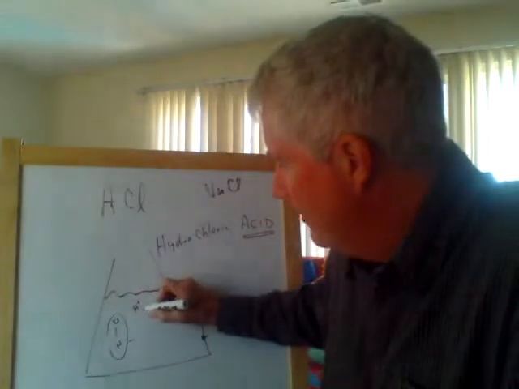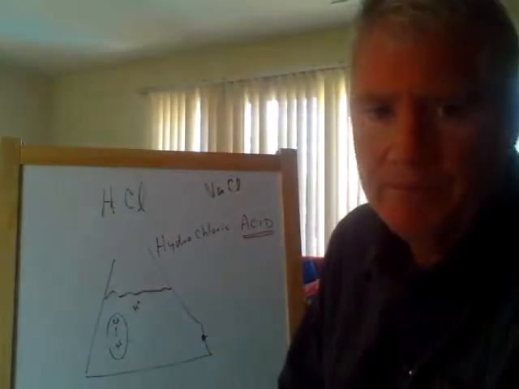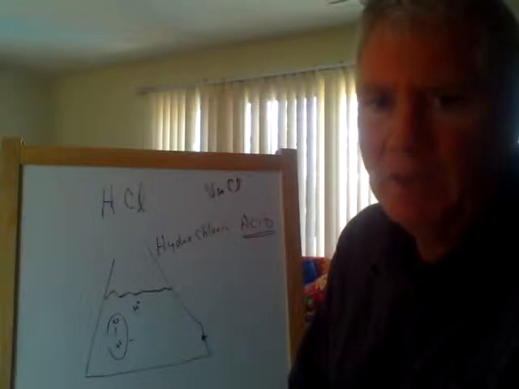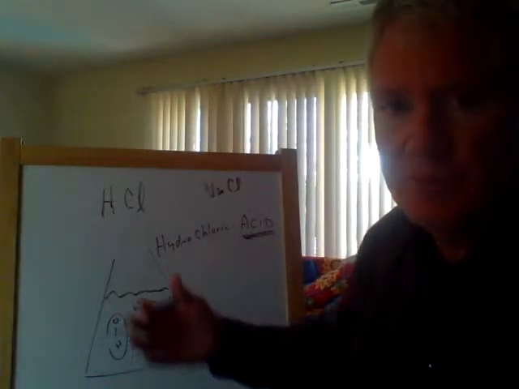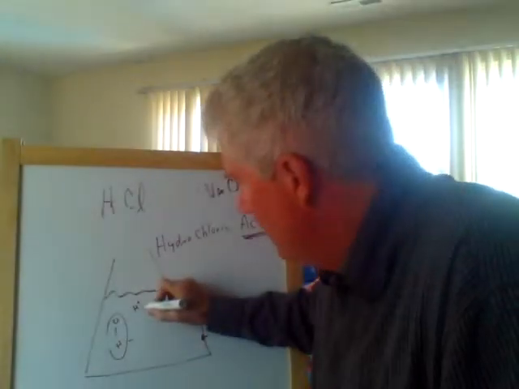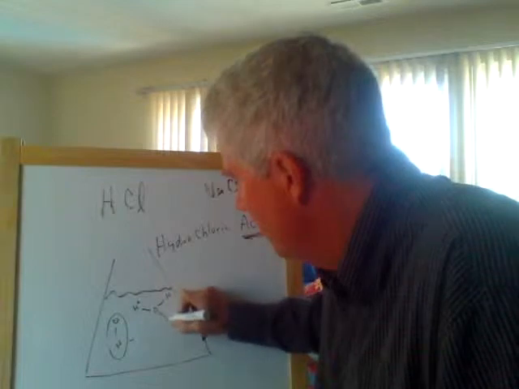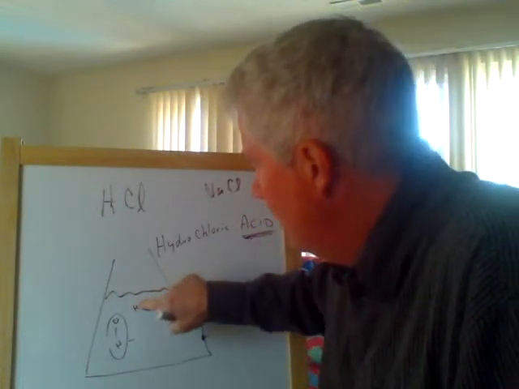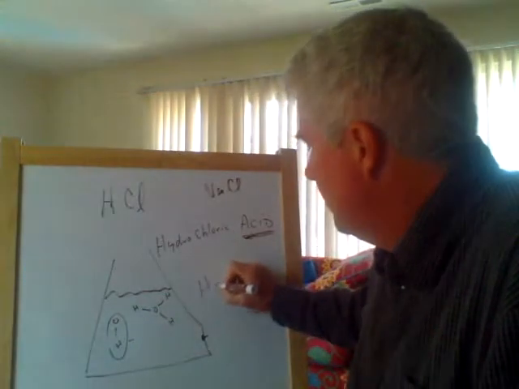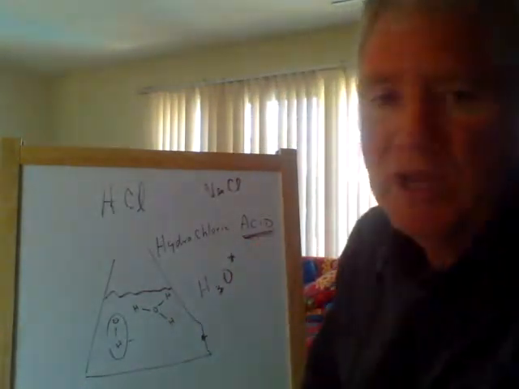And in reality, even though we tend to draw it as an excess H plus, which is exactly what we mean by acid, extra H pluses, the H plus immediately joins up with another water and truly forms what we call H3O plus, which also has the name hydronium.